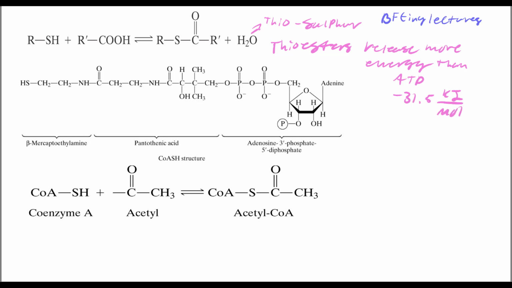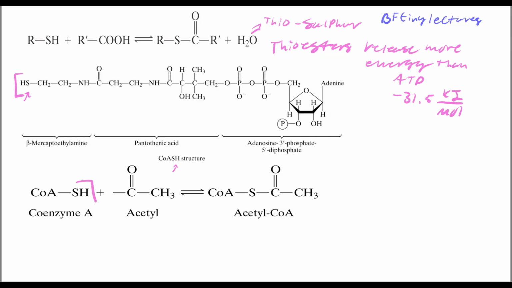All you need to look at is, does your molecule have a thio in it? Here we have coenzyme A, and we have the sulfur and hydrogen structure, right? This guy right here is going to be reacting with an acetyl, and you'll see that in this section right here. So we have this molecule.